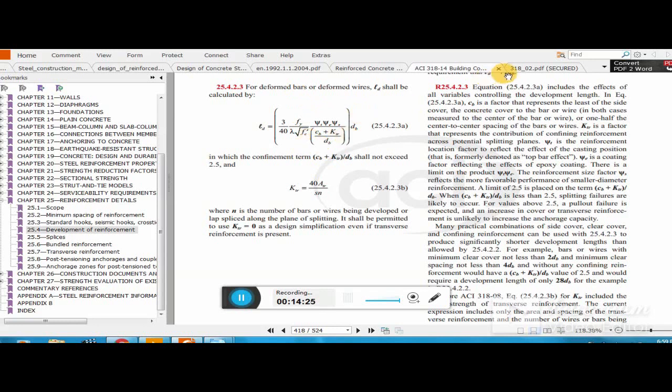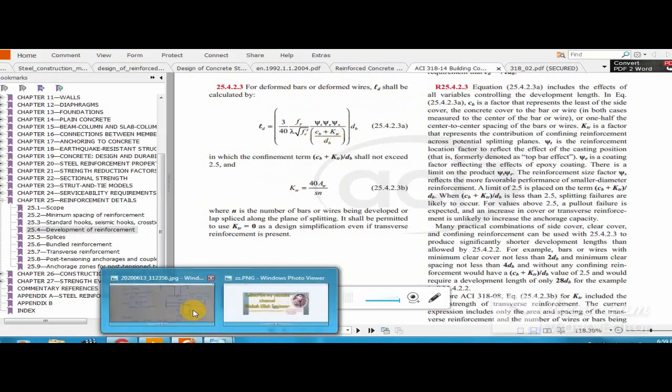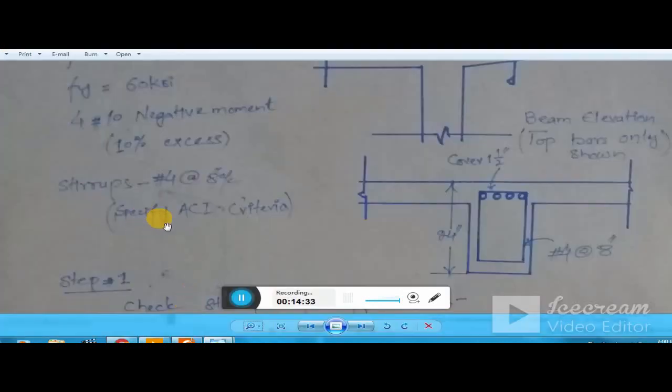If they don't fulfill, you have to then calculate that factor, okay, and you must account for that. So that's why they say specifying ACI criteria is fulfilled, okay.